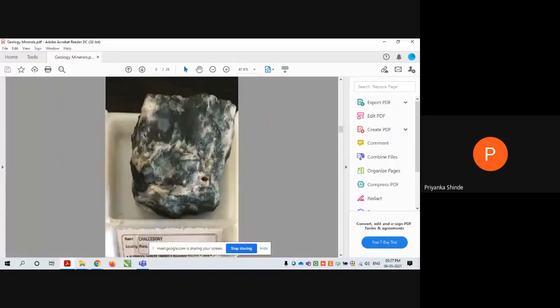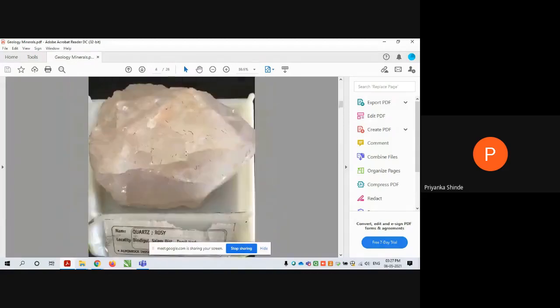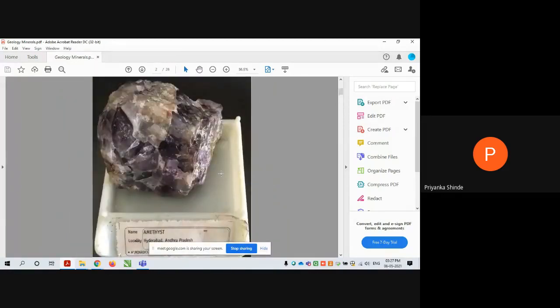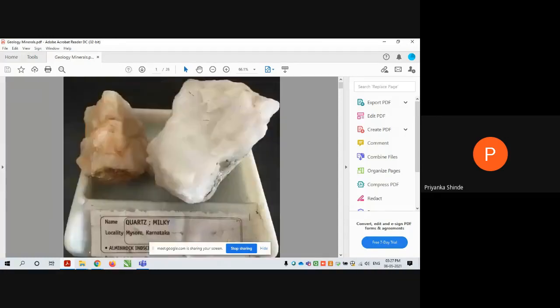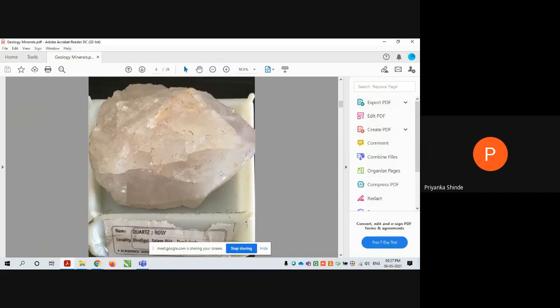I'm telling you all these are quartz. Why? Because their physical properties are the same except the color. Such minerals are called allochromatic minerals. So this is milky quartz, smoky quartz, then rosy quartz.